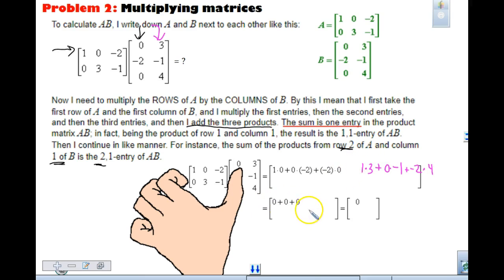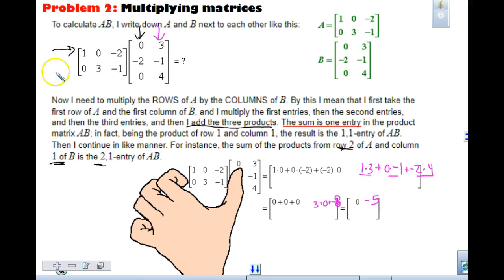So I actually have, when I'm looking at that, 3 plus 0 plus negative 6. Does that look right? Or negative 8. I was adding those last two. 3 plus 0 plus negative 8. Does that make sense to everyone? 3, 0, negative 8. When I add those, I should get negative 5.